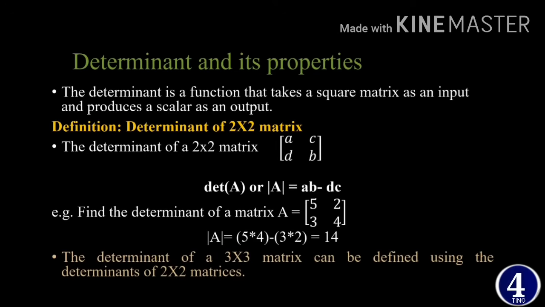By the way, the determinant of a 3 by 3 matrix can be defined using the determinants of 2 by 2 matrices. To find the determinant of a 3 by 3 matrix, the concept of 2 by 2 matrices is useful, it says here. So how?